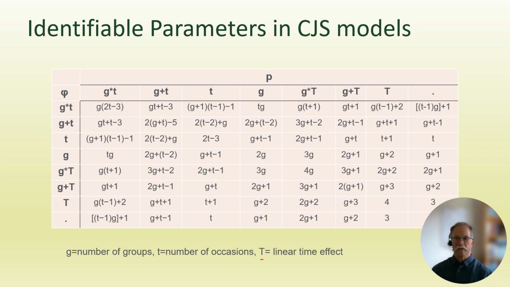Some of this is intuitive when you think about how these parameters might be confounded in the final time step, for instance, and we talked a bit about that last week, but this is a way to just kind of check everything. This last one here in the lower right corner is just 2, where you have phi dot p dot, okay?